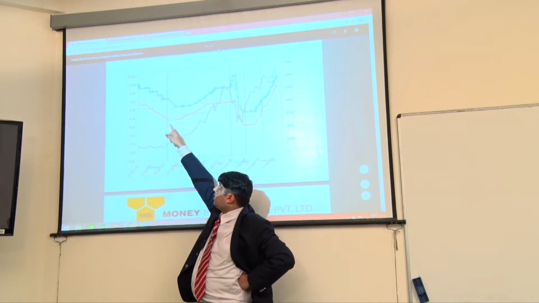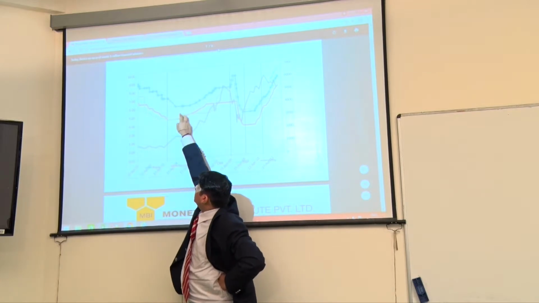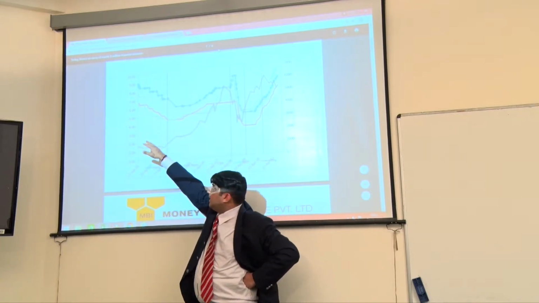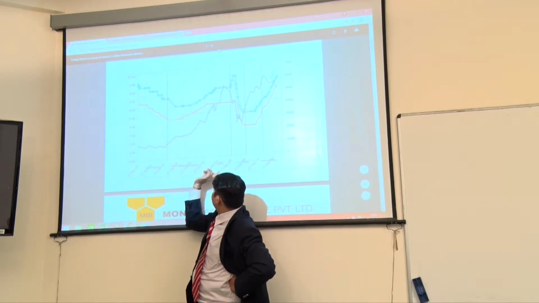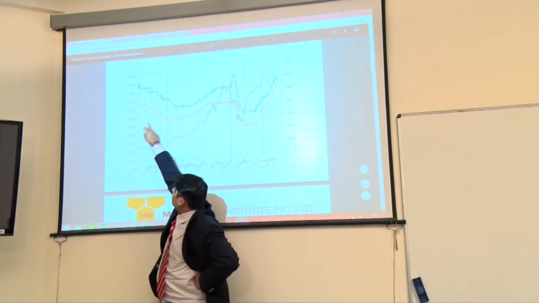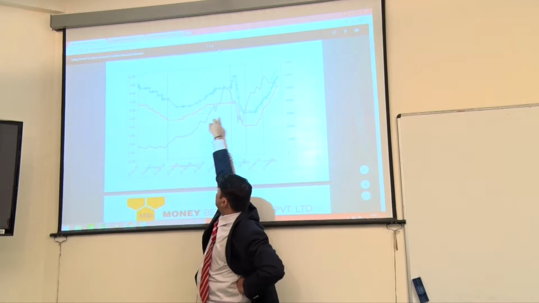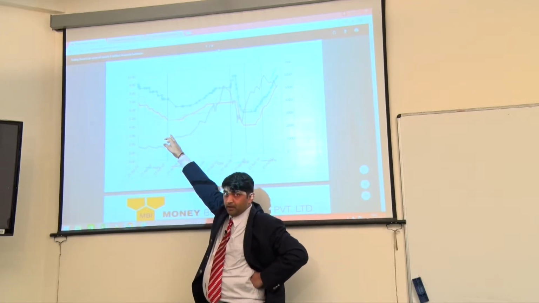It came down, and it came to what level? This was close to 6%. Parallelly, the reverse repo and the CRR also came down. What was the CRR? The green line. CRR was close to 5%, very low for a long period of time. We didn't see this low CRR.